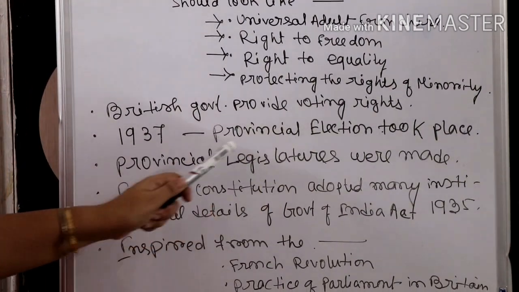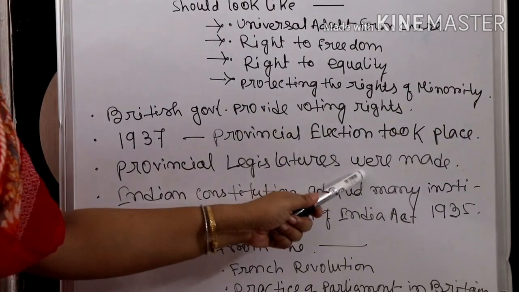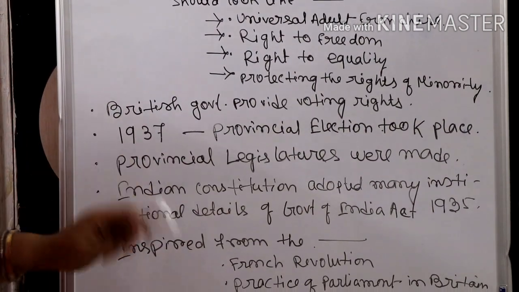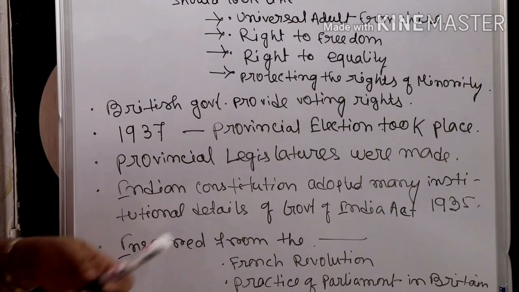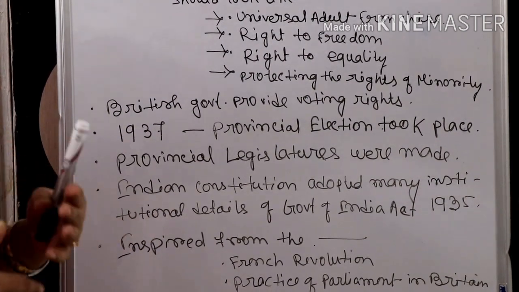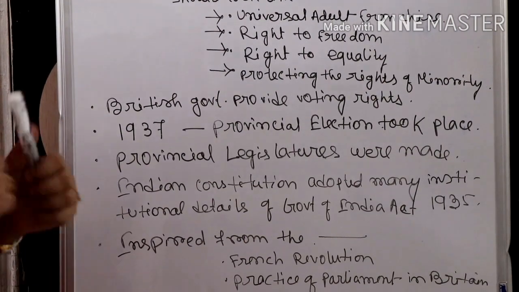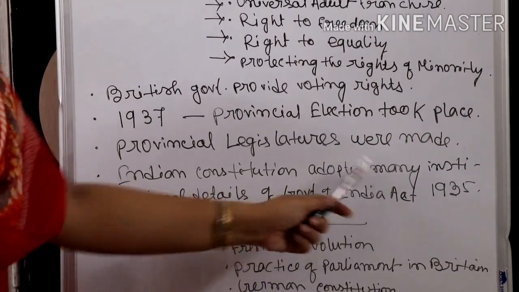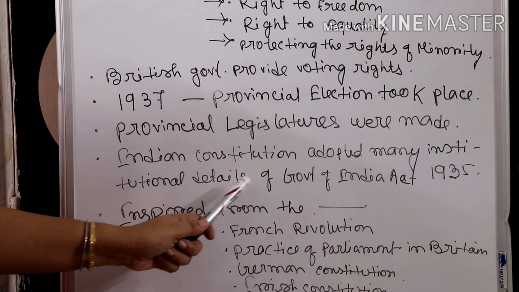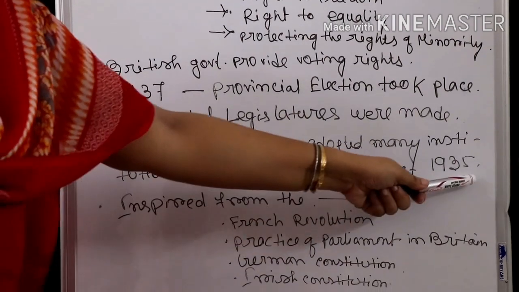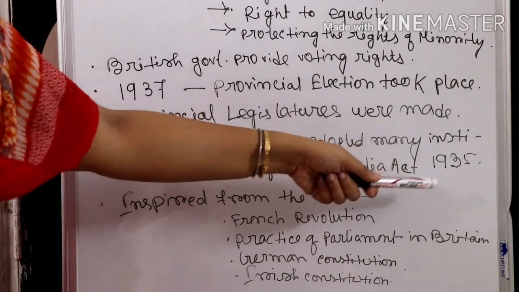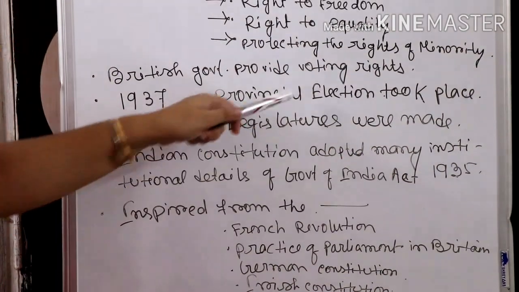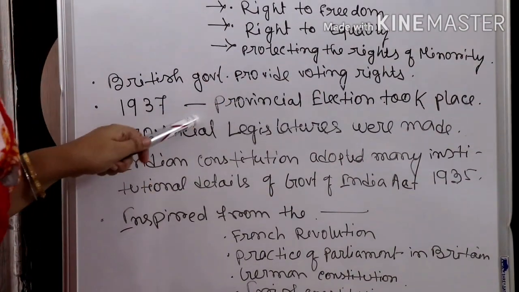We finally came up with provincial legislatures in different states, which helped us later to draft our constitution and decide how our Indian legislature should look. Next, the Indian constitution adopted many institutional details of the Government of India Act 1935. In the 1935 Act, this provincial election was mentioned.